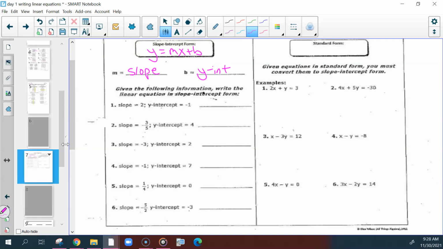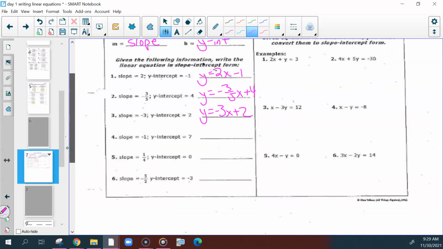So for number 1, what would the equation be? Correct. You're just putting the slope and the y-intercept into y equals mx plus b. Number 2. Y equals 3x plus 4, yes. Number 3. Plus 2. Number 4.